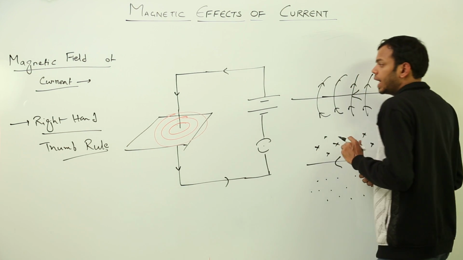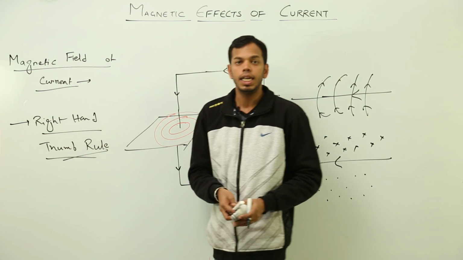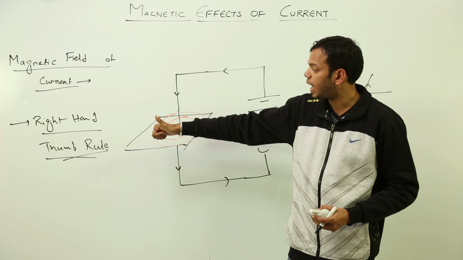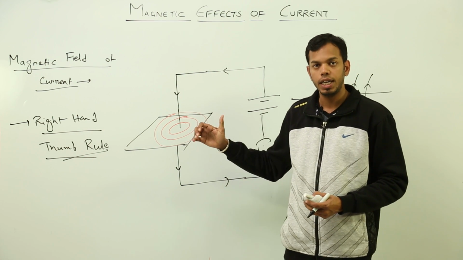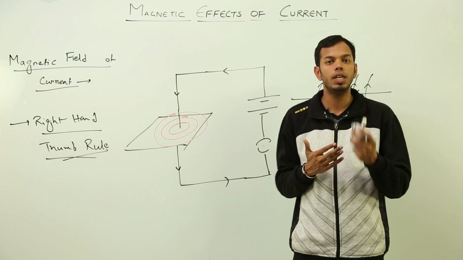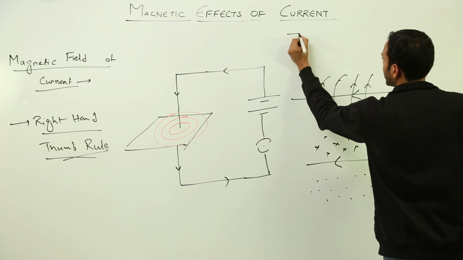Now one more thing. What does the right hand thumb rule state? That if we place the thumb of our right hand in the direction of flow of current, then the curling of fingers gives the direction of the magnetic field. The converse is absolutely true as well. So what did I just say?